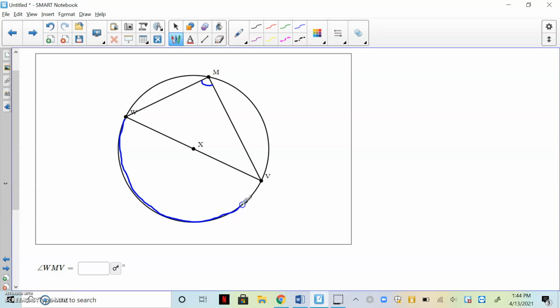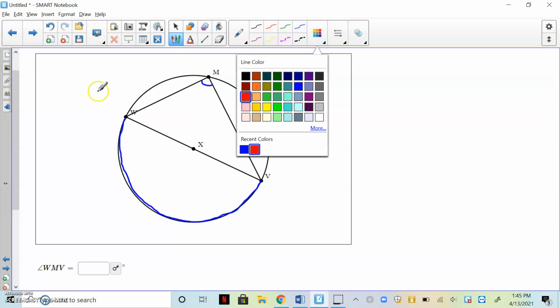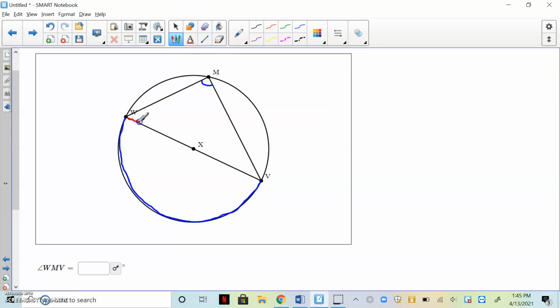And we also know that because the arc and the central angle share a degree measure, the inscribed angle is always going to be half the arc measure. So if we could figure out the arc measure here, we would be able to figure out what this angle is. In order to do that, it's really important to notice that this right here is a diameter.